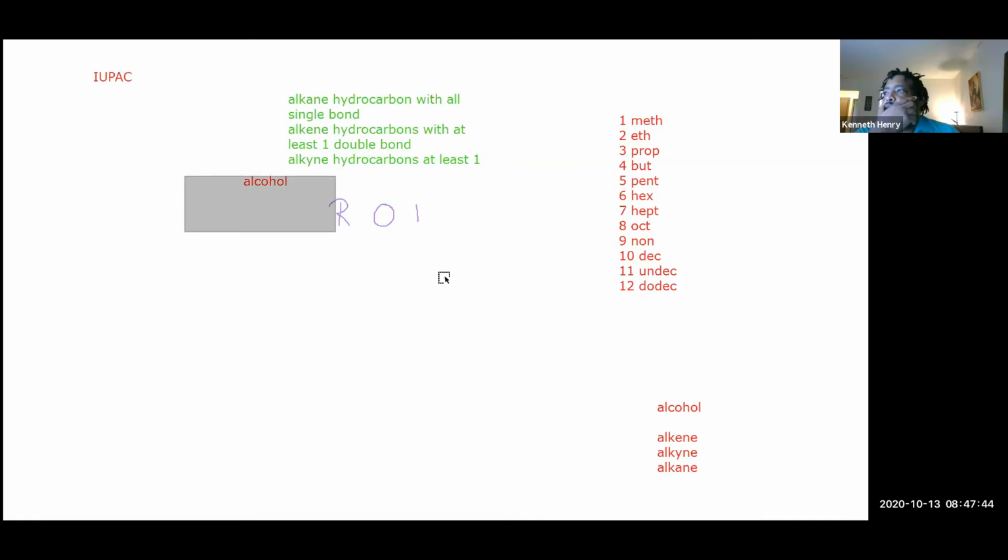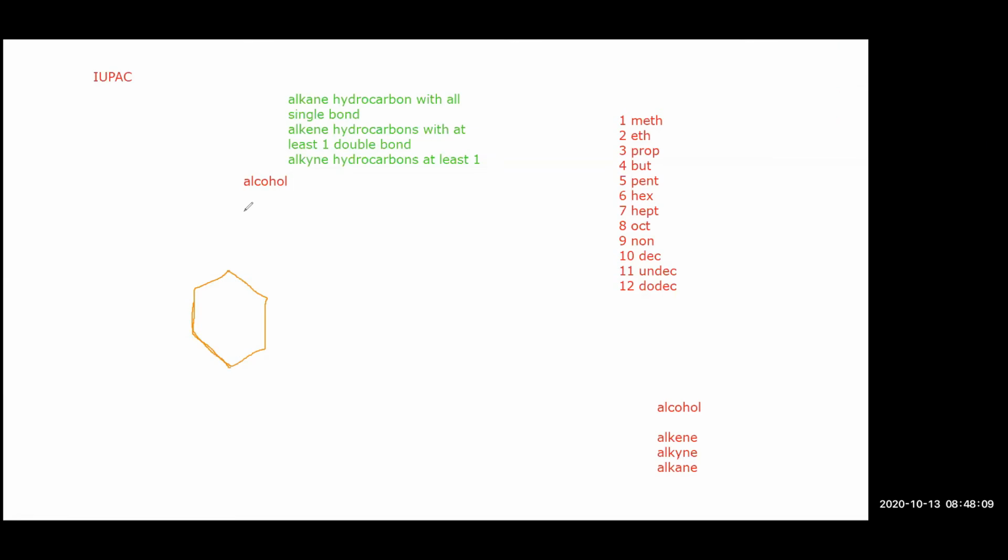Oh, I forgot one more thing. I don't know if I went over it. We have these guys, which also belong to the alkane or alkene or alkyne family, depending on if it's a double bond or a single bond. These are kind of special. How many carbons does this guy have? Six.